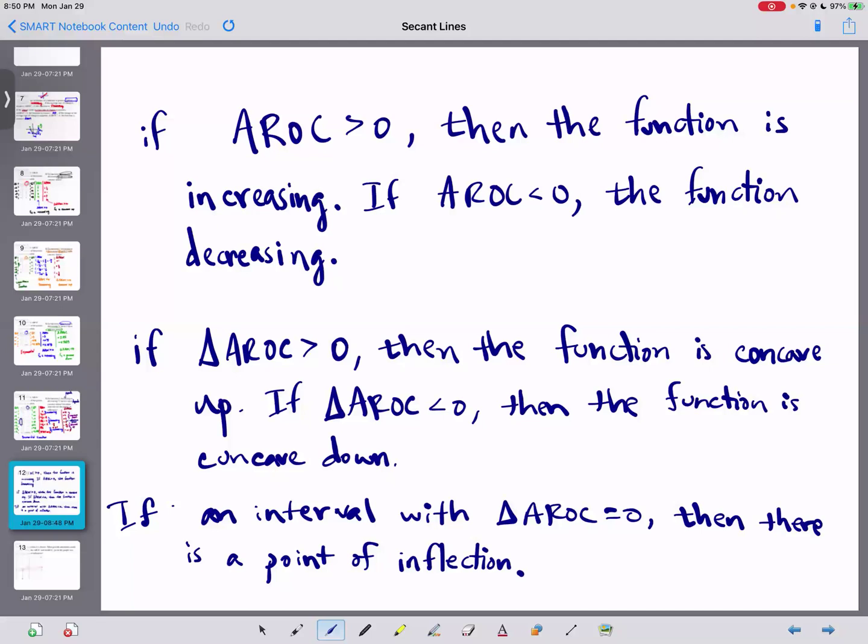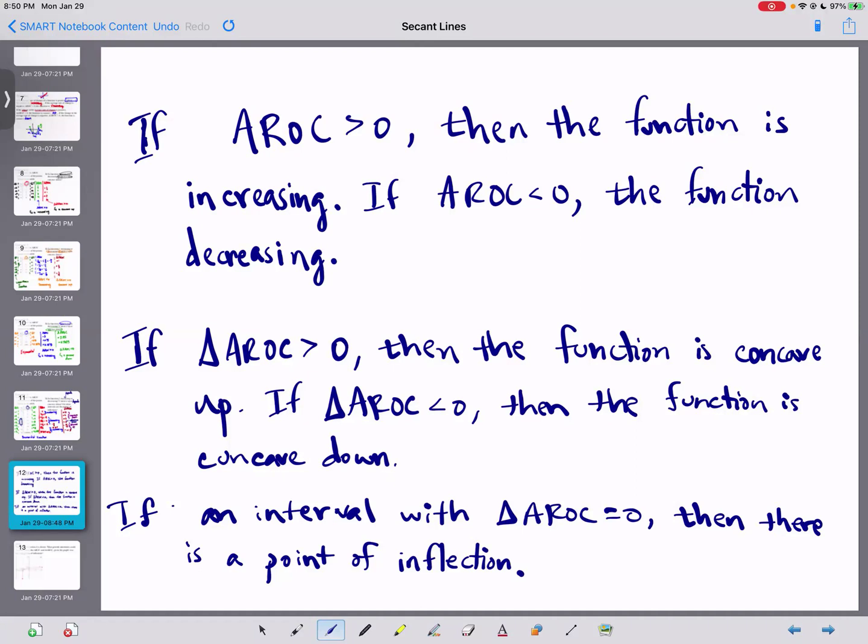Okay, so hopefully if you got on tonight and you saw me work through all those problems and you saw the same thing over and over, but you got that down, then tonight was a win for you. Because this is one of the things that your AP exam is going to be built around from Unit 1: understanding AROC and delta AROC, the change in the average rate of change.